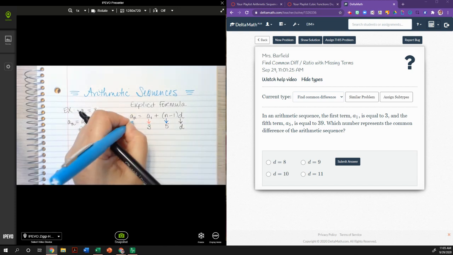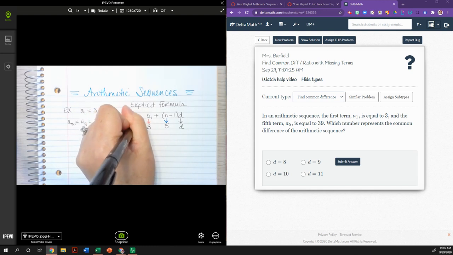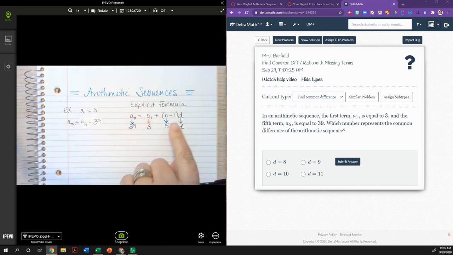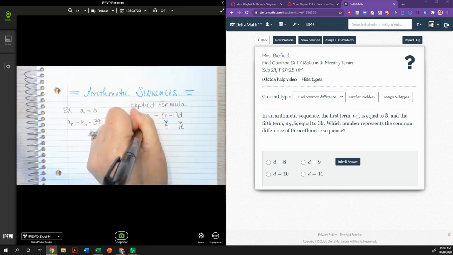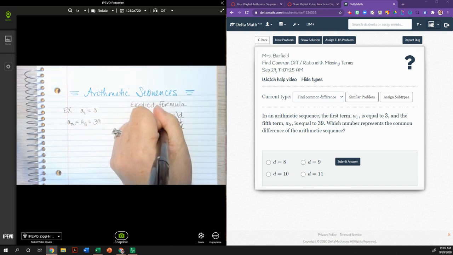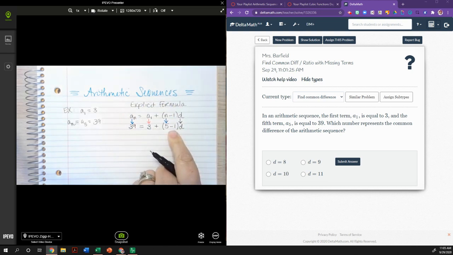So I can replace a sub n with 39. Now I just need to bring down all my symbols: my equal sign, my plus sign, my parentheses, that n minus 1, and then I have d. So now I'm left with an equation that I need to solve.